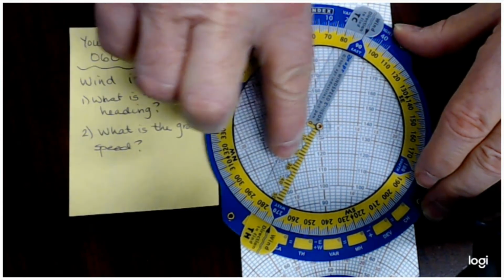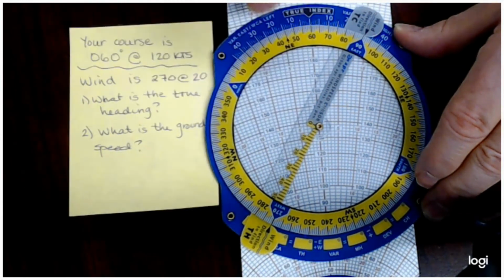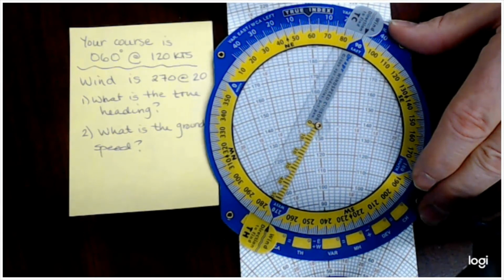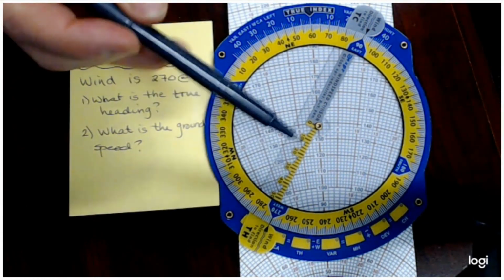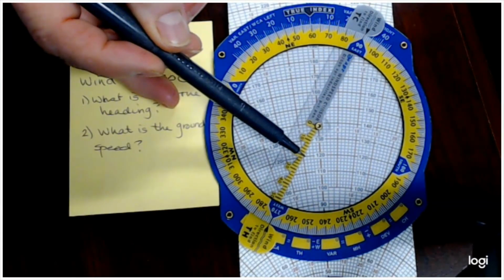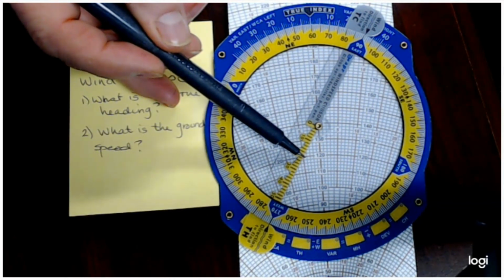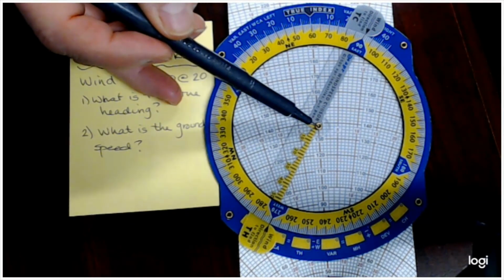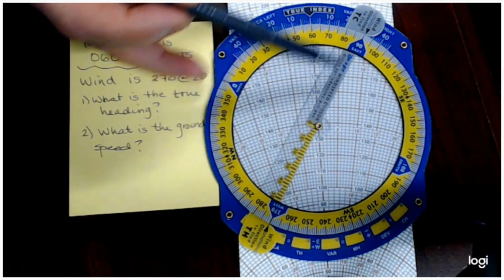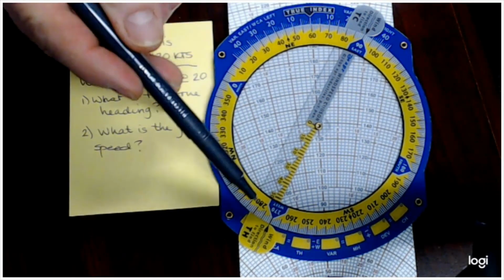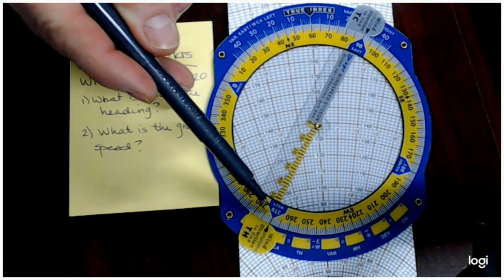There's the 120 knot, and you can see the line there where it's crossing the 20 knots right here. Okay. So I said before that grommet is really, really important because that's where you're going to read your ground speed. Okay. Right now, if I'm heading 060, I've got a quartering tailwind if it's coming from 270, which is good. That's what I want.